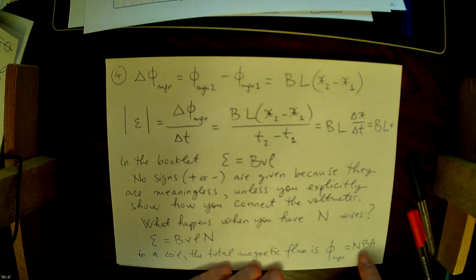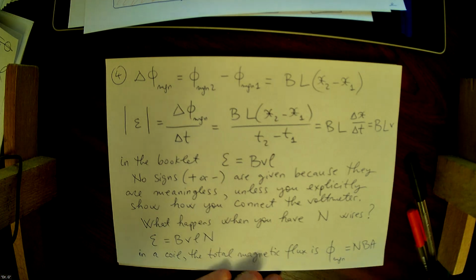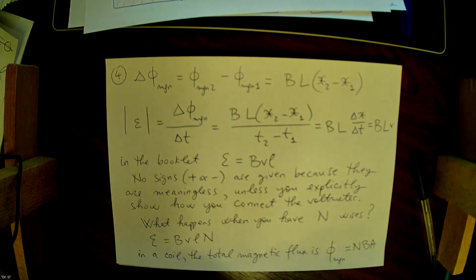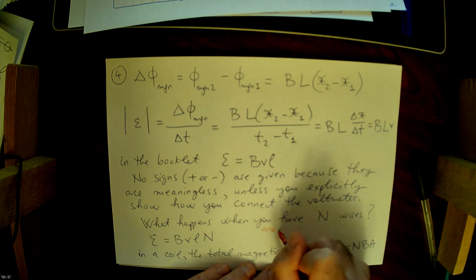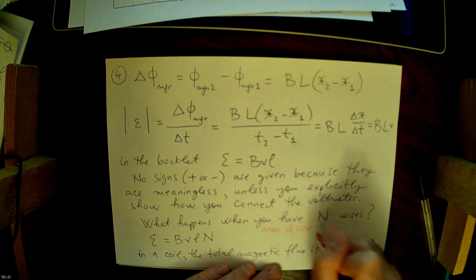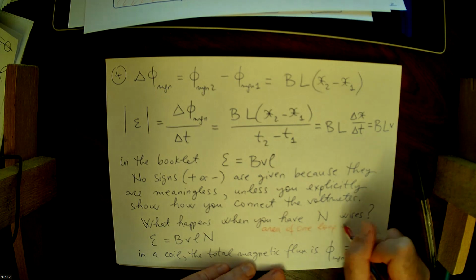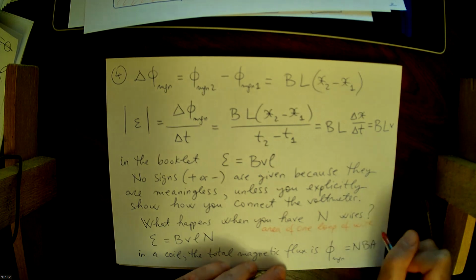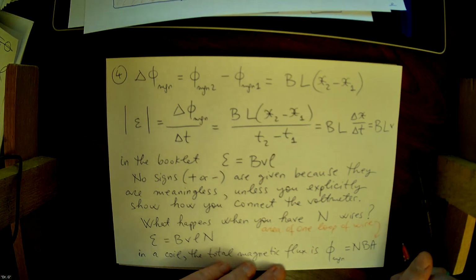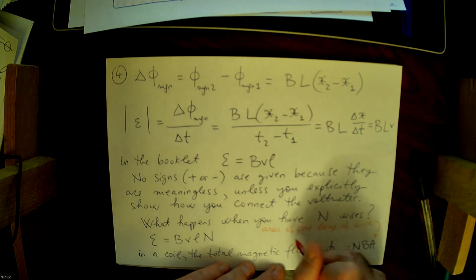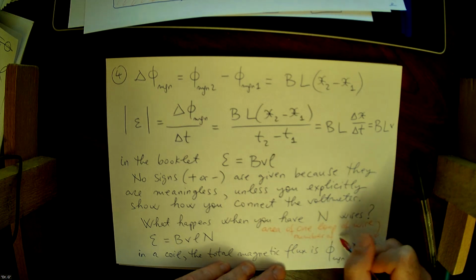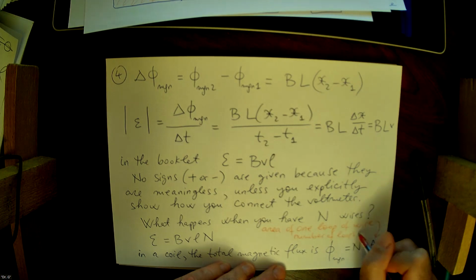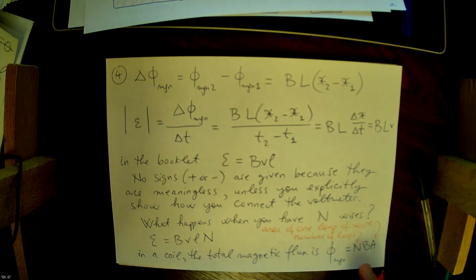Okay, total magnetic flux. So for each loop of wire, you have an area A. So the area of one loop of wire is A. N is the number of loops. Okay.